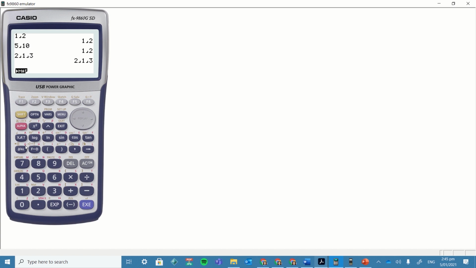So say I did 1 over 2 plus 3 over 4 equals, and it gives me the answer there as a fraction, and I'd rather it is in decimal form. If I press the F to D button, it changes it to 1.25. If I press it again, it'll go backwards and forwards between a decimal and a fraction form.